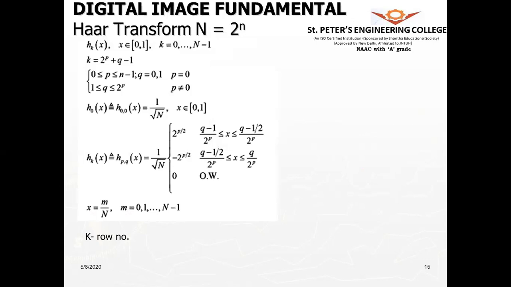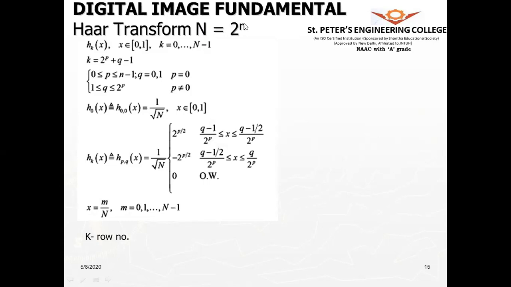The next important transform is the Haar transform. The Haar transform is defined by this equation hk of x, where x is a number within the closed interval 0 to 1, and k can take any values from 0 to capital N minus 1, where capital N is a base 2 number, that means 2 power n.